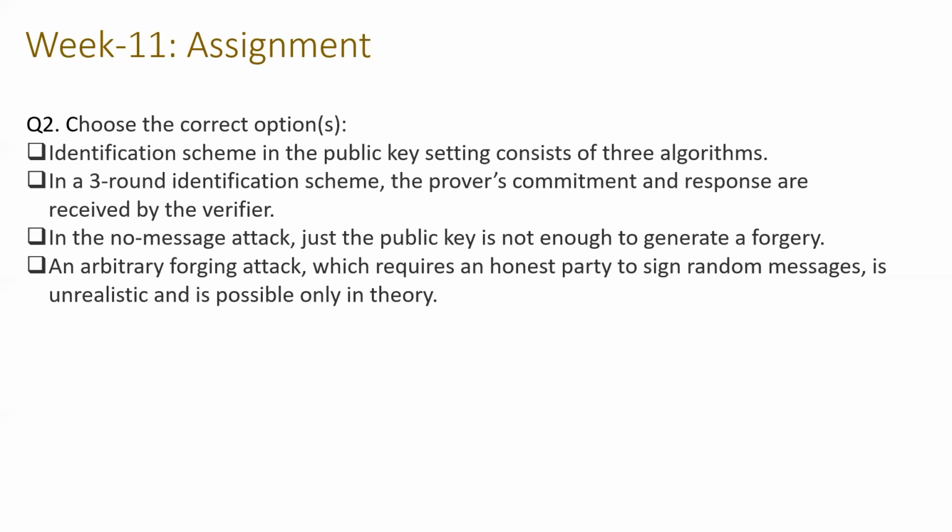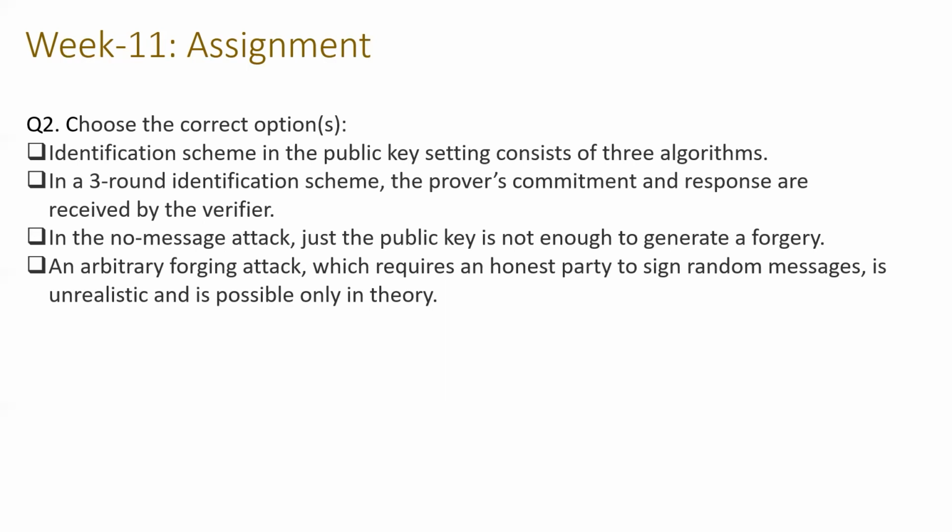So among the 3 rounds, the commitment and the response go from prover to verifier, and in between the challenge comes from verifier to prover, right? And at the last, the verifier's job is to verify whether this S is indeed a correct response corresponding to the challenge R. So it runs the verification algorithm V, taking as input the verification key VK, R and S. As output, it is expected to get the commitment.